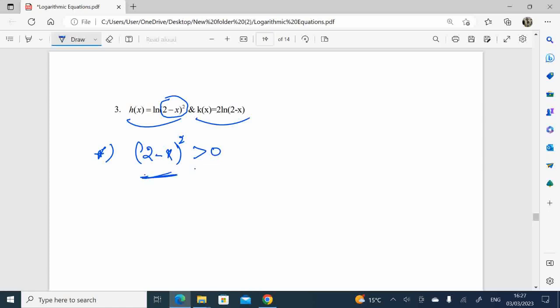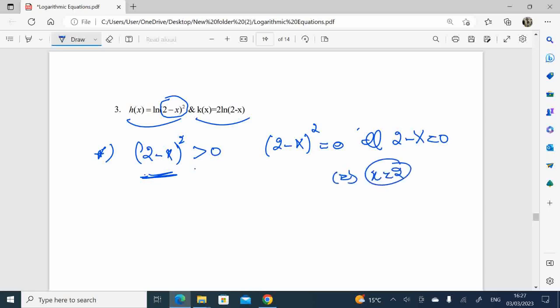When (2 minus x) squared is equal to 0, that is if and only if 2 minus x is equal to 0, which is equivalent to saying x is 2. So for this value, (2 minus x) squared is going to be equal to 0, and I don't want it to be equal to 0, I need it to be strictly positive.